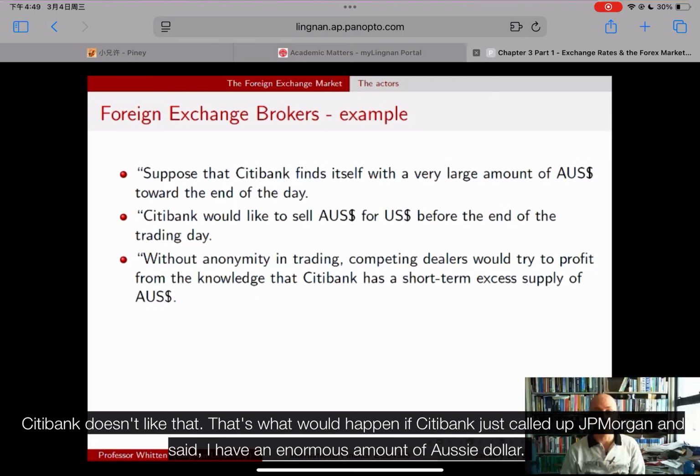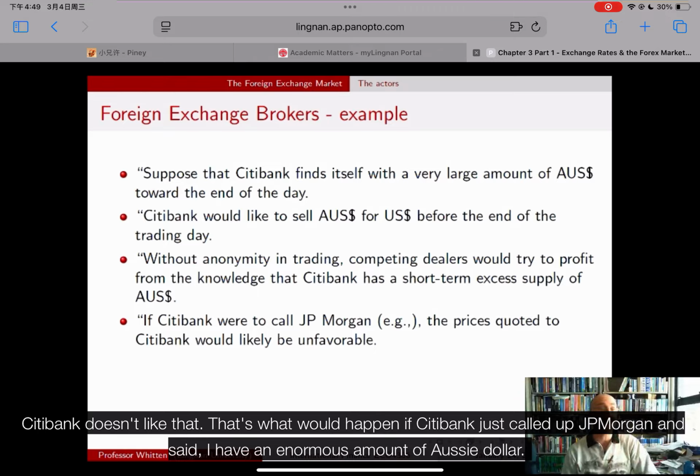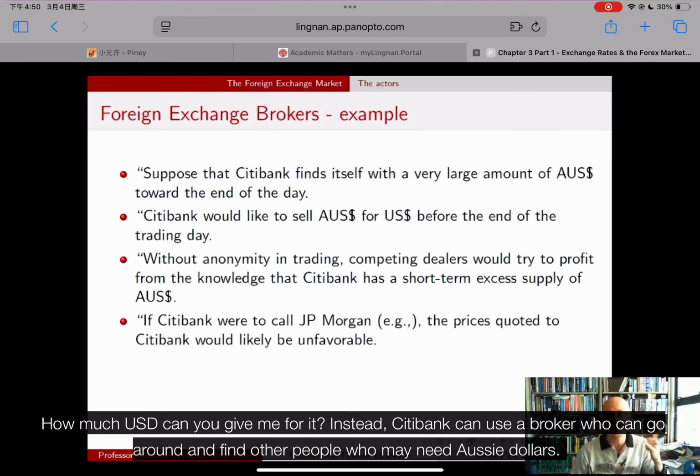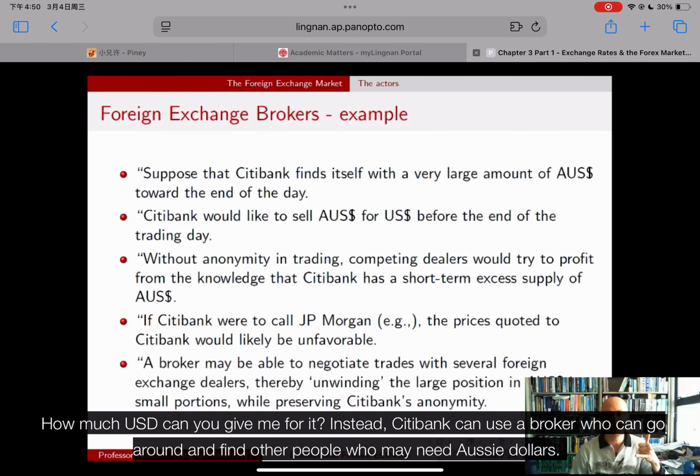Citibank doesn't like that. That's what would happen if Citibank just called up JP Morgan and said, I have an enormous amount of Aussie dollar. How much USD can you give me for it?